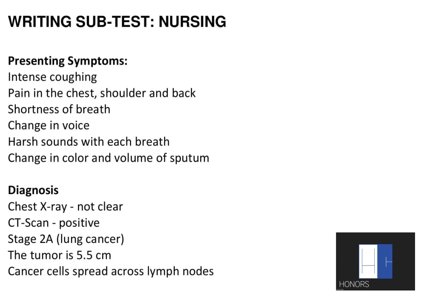So what she presented with, she presented to the hospital, no, to the clinic with intense coughing, pain in the chest, shoulder and back pain, shortness of breath, change in voice, harsh sounds with each breath, change in color and volume of sputum. Right. So this is important. We need to organize them together and write a sentence, maybe one or two sentences.